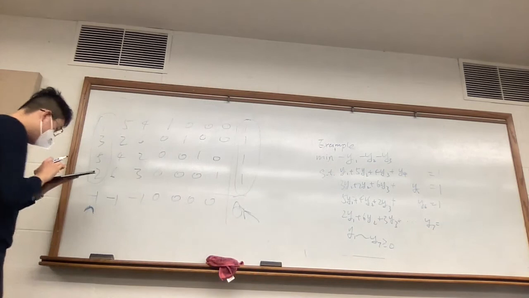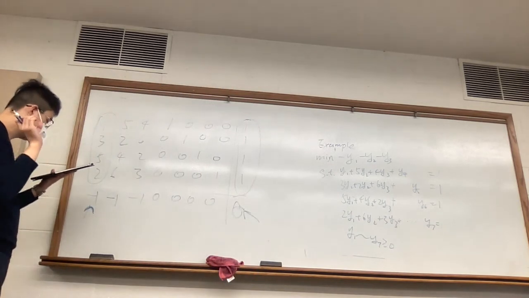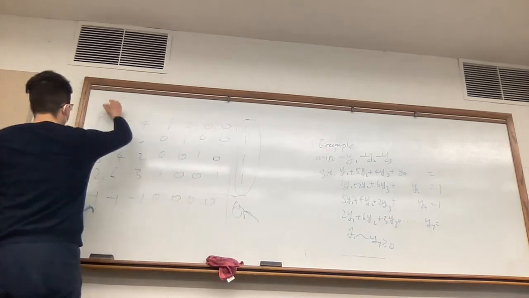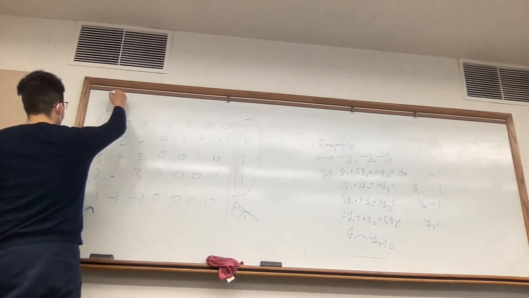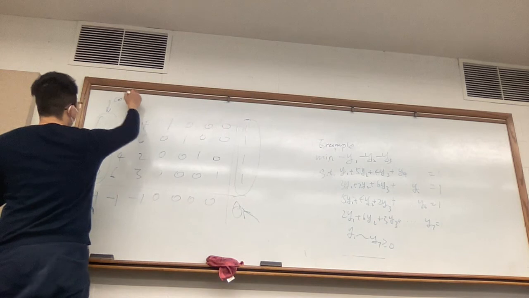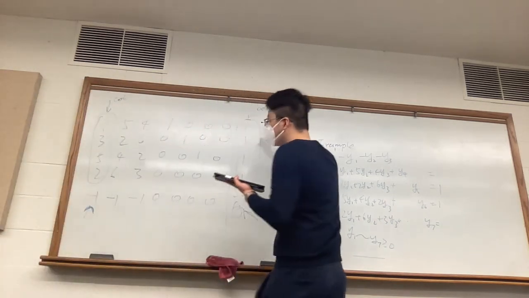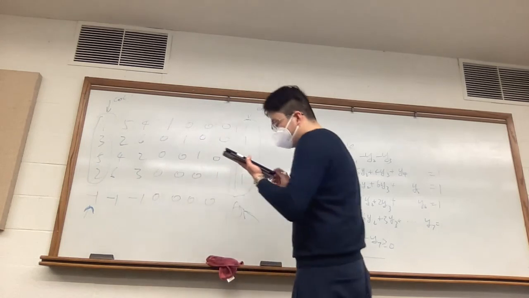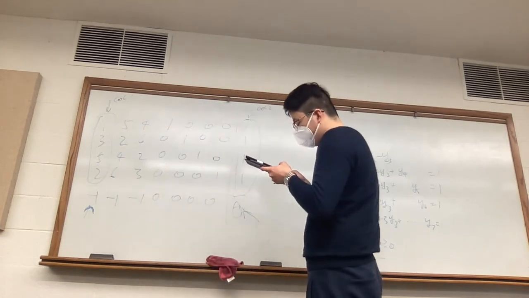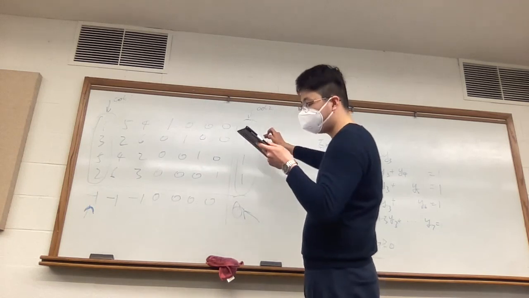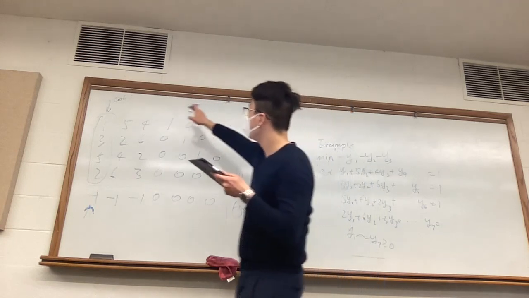Here you need to memorize something. Let's say this is column 1, and this is column 2. What you need to do is to choose the smallest positive ratio of column 2 over column 1.